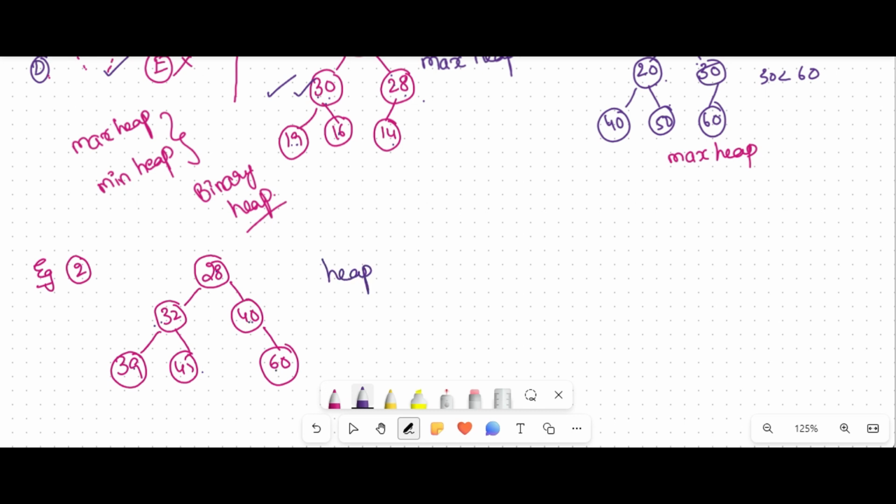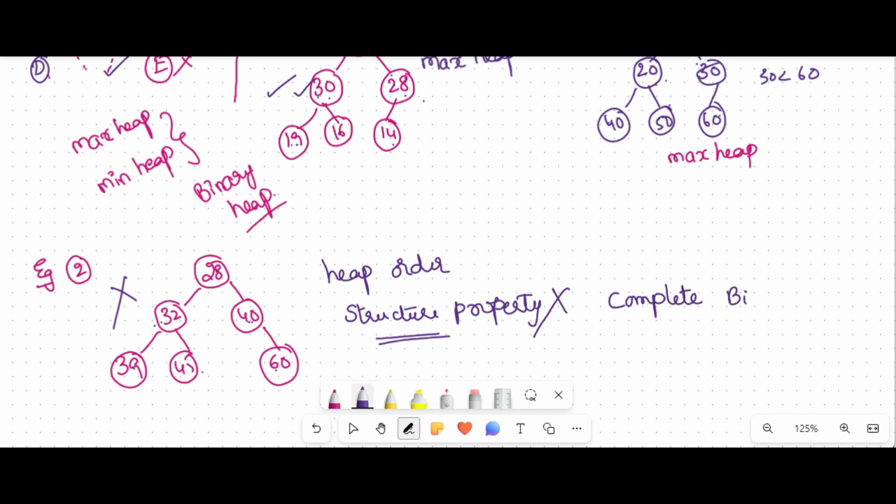Here it is satisfying the heap order property, but it is not satisfying the structure property. This property has failed, so it is not a binary heap. What is the structure property? The structure property is nothing but a complete binary tree.